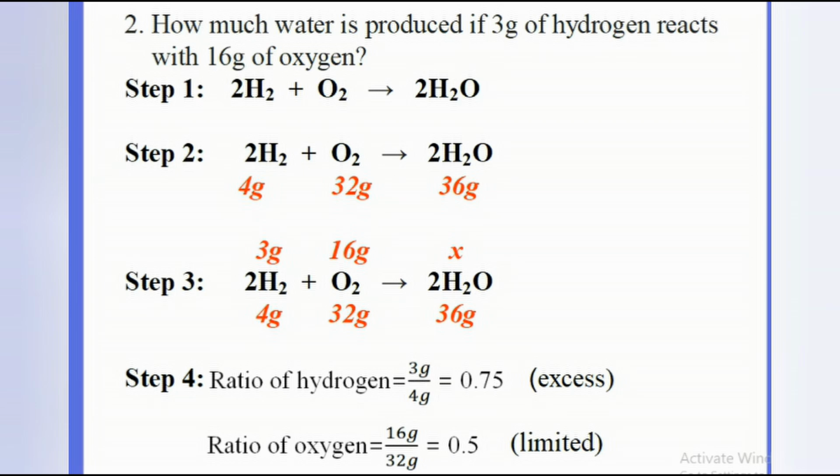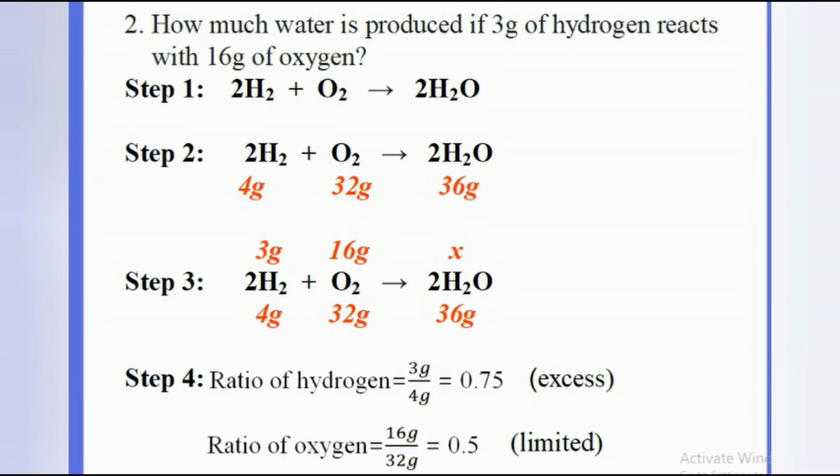This is the second example. How much water is produced if 3 grams of hydrogen reacts with 16 grams of oxygen? Just like the first example, we will follow the 5 steps to solve this problem.